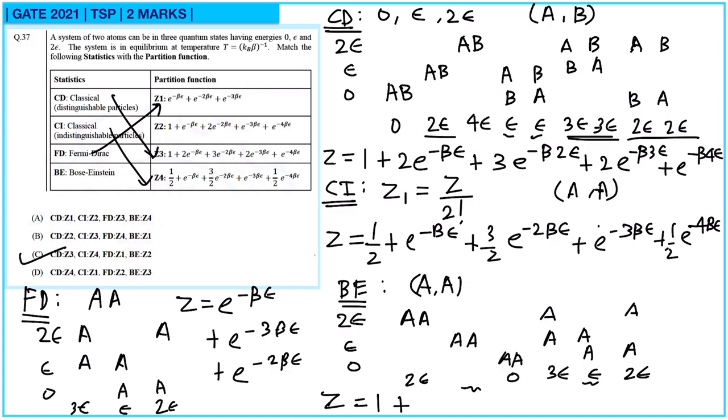Here we have two particles, so this will be 2E here, and here we have two particles, so this will be 4E here. Okay, so we have one E term, so this will be e raised to minus beta E. Then we have two 2E terms, so 2 into e raised to minus 2 beta E plus e raised to minus 3 beta E, and lastly e raised to minus 4 beta E. So here BE is Z2. So option C is correct.